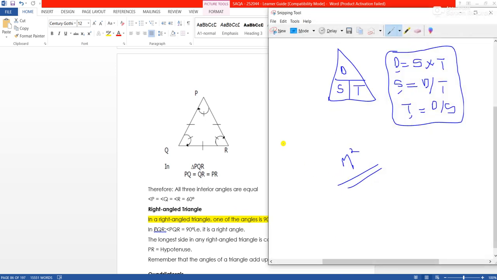Let me show you that. A right angle is something like this. This side is 90. So this is a right-angled triangle.